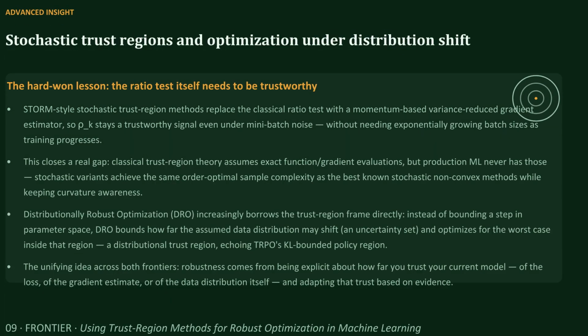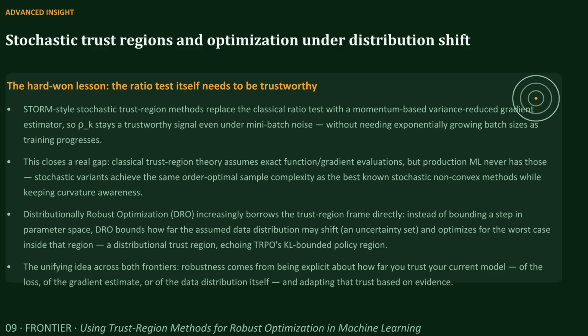The hard-won lesson here is that the ratio test itself needs to be trustworthy. Classical trust region theory assumes you can evaluate your objective and its gradient exactly. Production machine learning never gets that. Every evaluation is a mini-batch estimate. STORM-style stochastic trust region methods address this directly, replacing the classical ratio test with a momentum-based, variance-reduced gradient estimator.